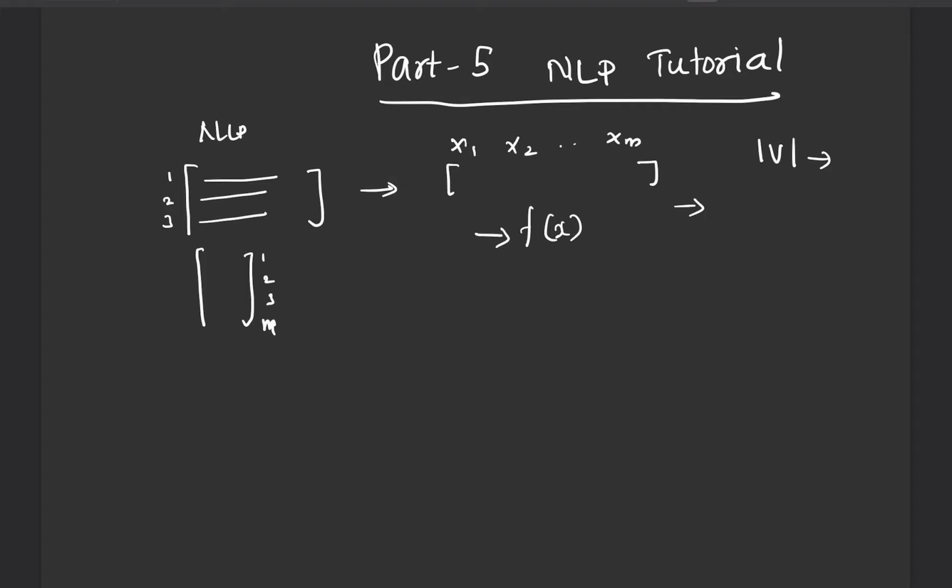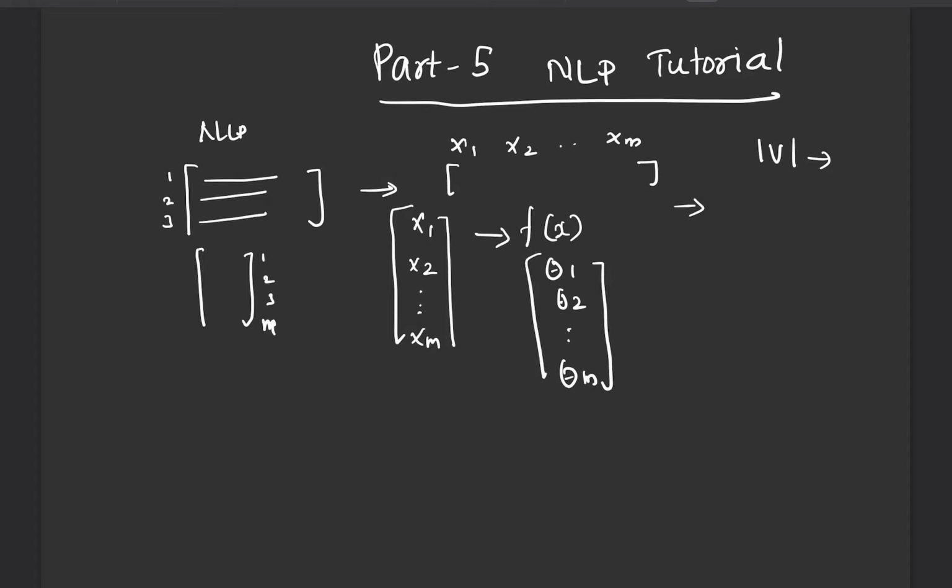All the information that goes into f of x is the input vector x1 up to xm, and then we need to train our model. We need to tune the parameters theta 1, theta 2 up to theta m, and it will predict the sentiment of each sentence, whether it is a positive sentiment or negative sentiment.